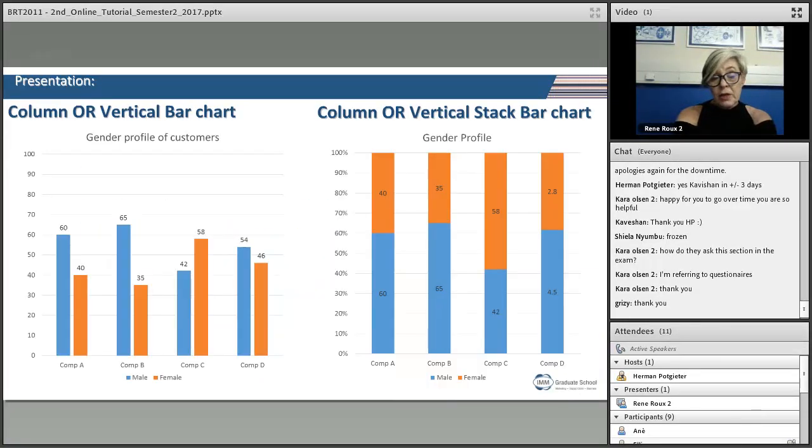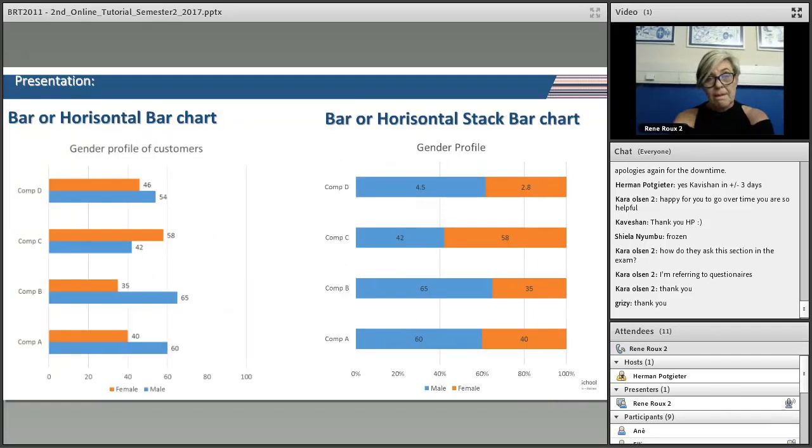The graphs that you can use, it's either a column graph or what we call a vertical graph or a stack graph. It's the same thing. Gender profile for company A, B, C, and D. And there's the same gender profile, but your stack bar adds up to 100%. Horizontal bar, it's the same thing, but now your graphs are horizontal.